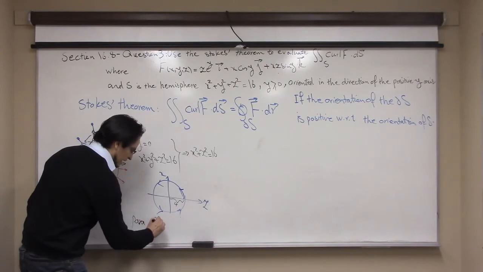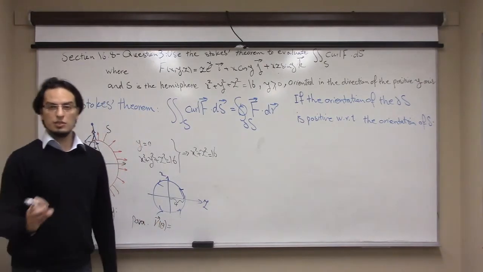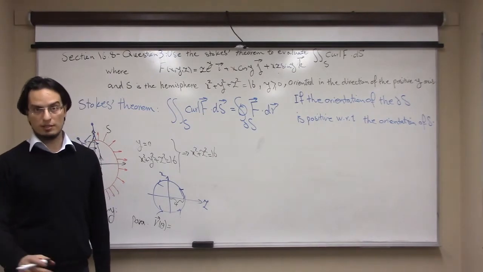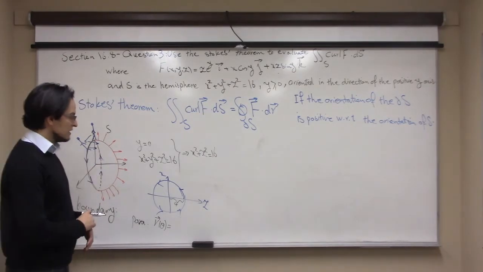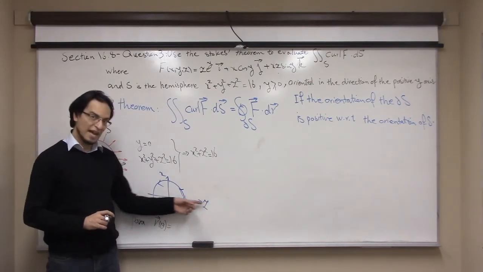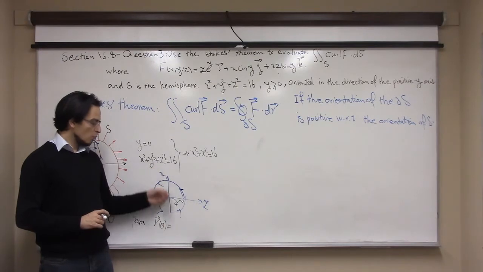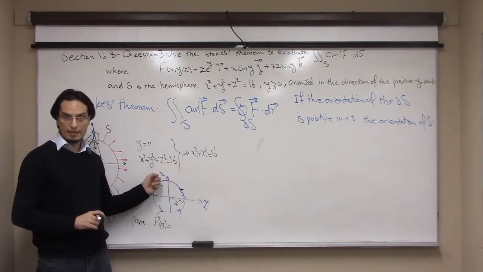So remember that we parameterize a circle always using the polar coordinates, r and theta. But in this case, note that we replace the x-axis by z and replace the y-axis by x.